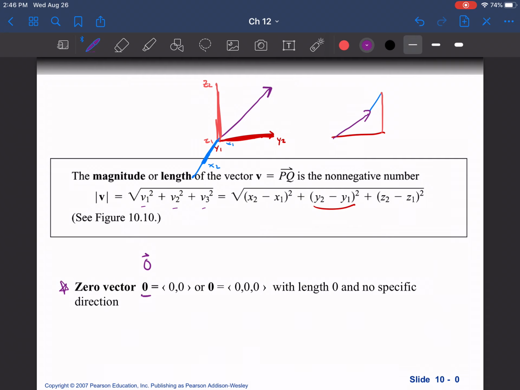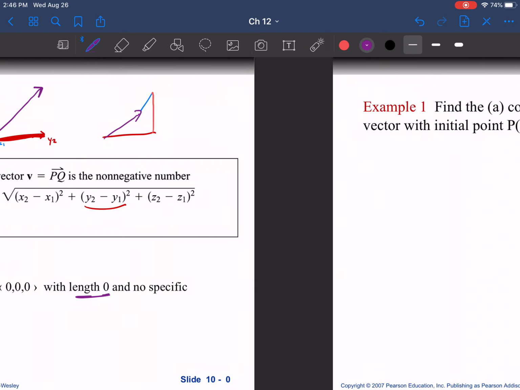This 0 is not the same as this 0, which is not the same as a regular old scalar 0. It's a vector in whatever dimension of space you're looking at with a length of 0 and no specific direction. So be careful: that is a 0 vector, not just the scalar number 0.